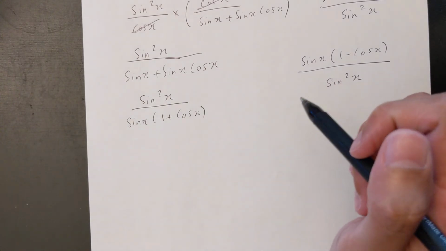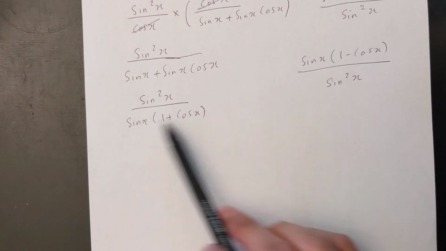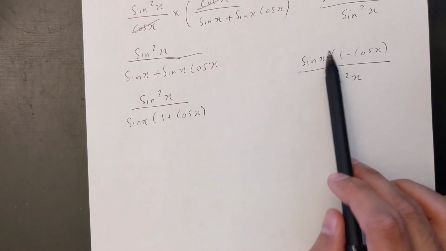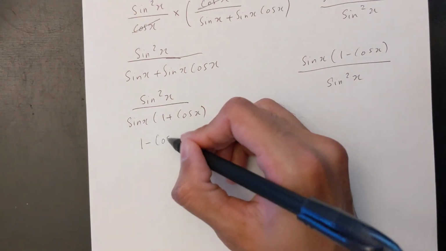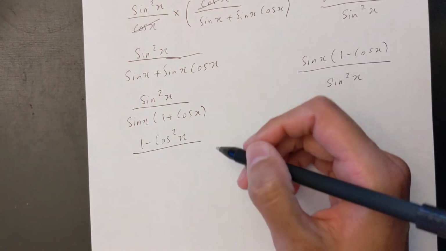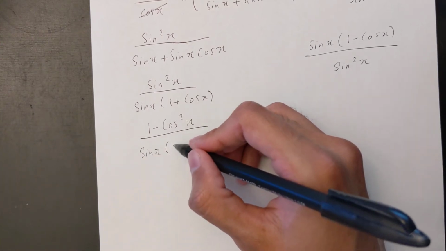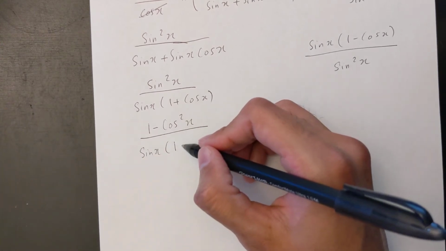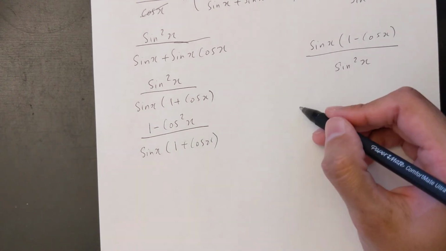There's two possible things that I can do, but rather than cancel out the sines, because I have a sine on the bottom and a sine on the top here, I don't want to cancel out the sines. Instead, I want to convert sine square into 1 minus cos square x. I'm going to do the same over here.